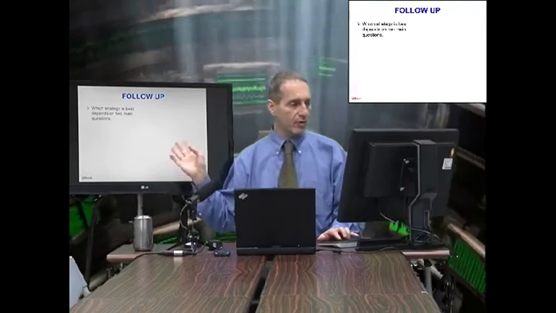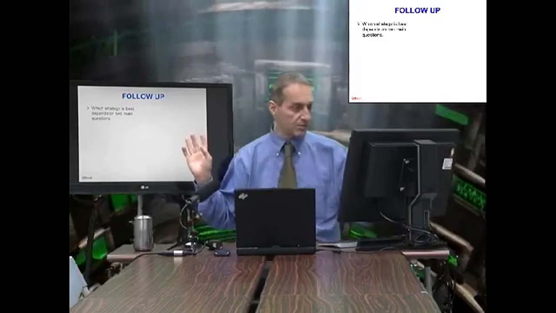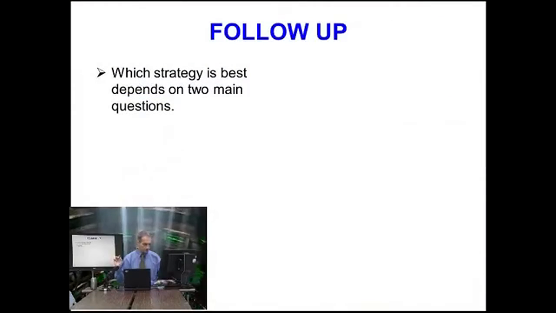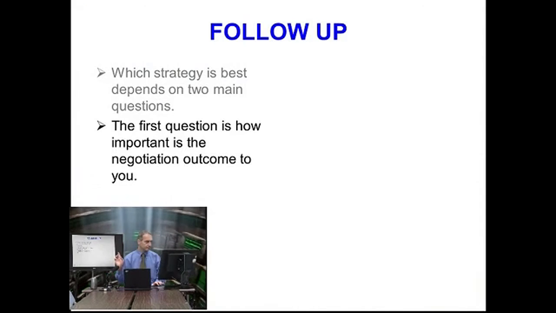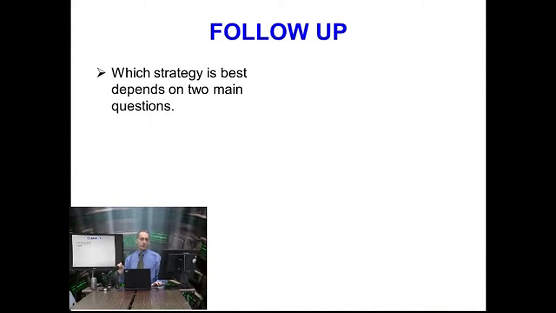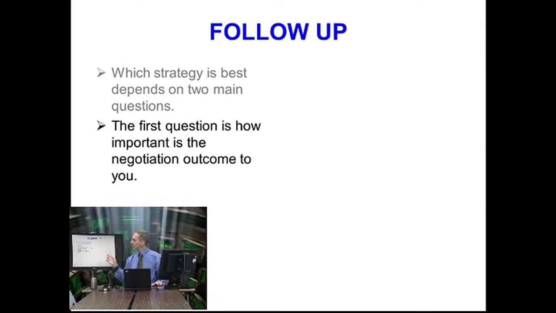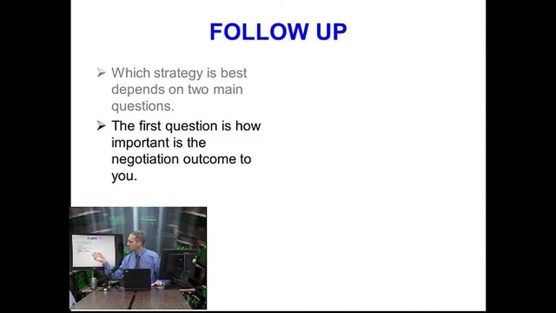How can we remember these 4 strategies though? Let me jump over here and show you. This is not hard at all. The way you think of the 4 strategies is this. Ask these 2 questions. Question 1, how important is the negotiation outcome to you?